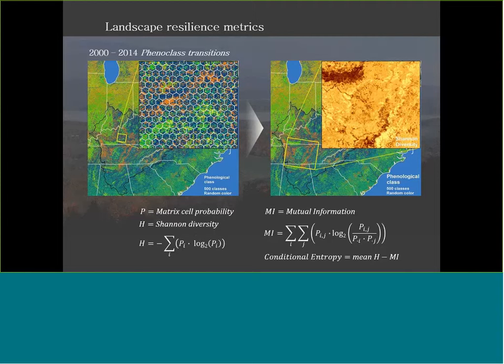We can see differences when we change scales, but that just groups several hundred of these pixels, and then we're able to calculate some more statistics from information theory, like the Shannon diversity, which is familiar to ecologists, based on the transitions among different phenoclass types.